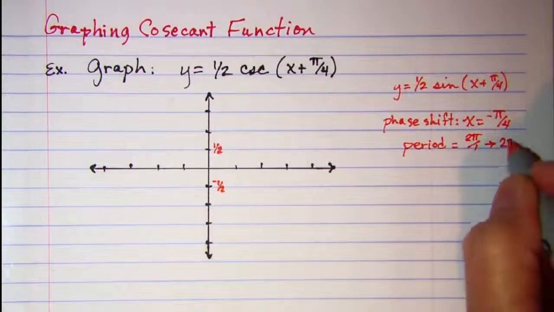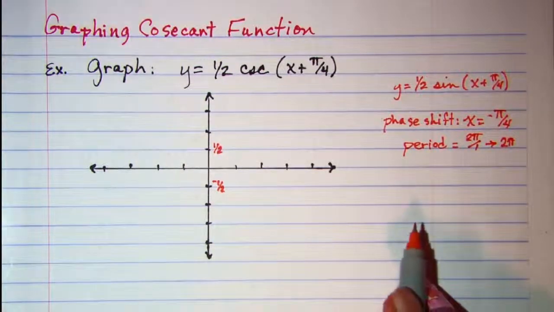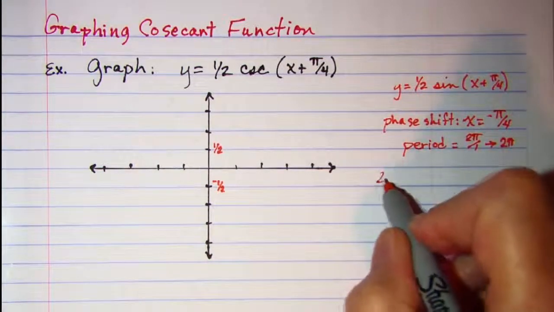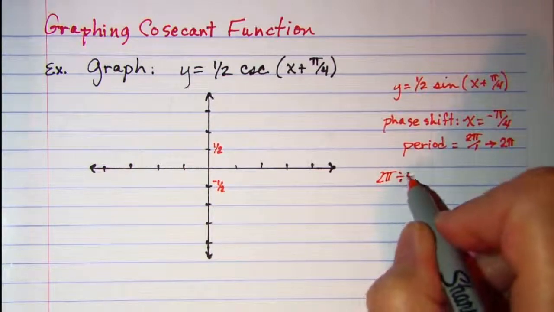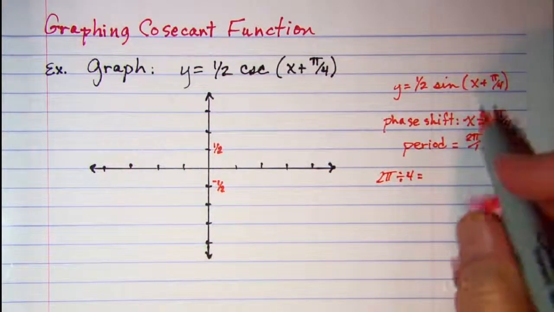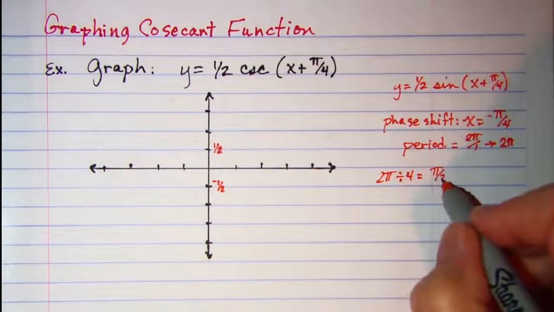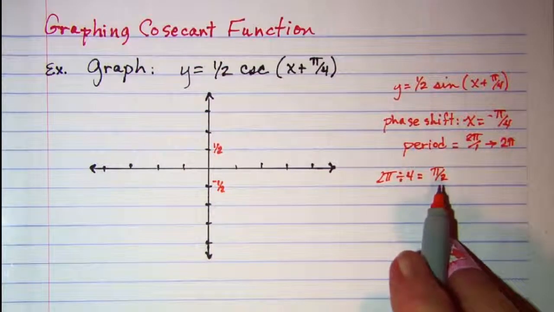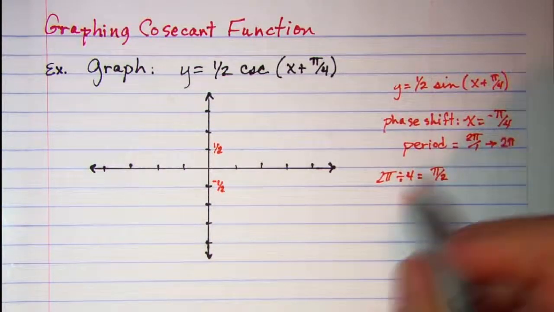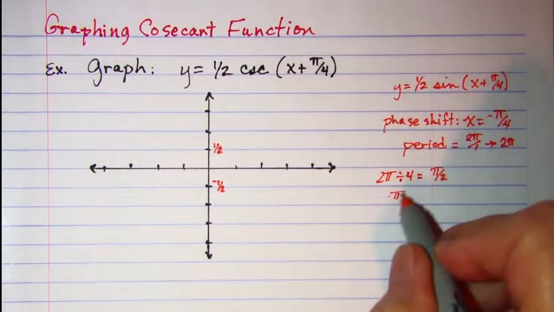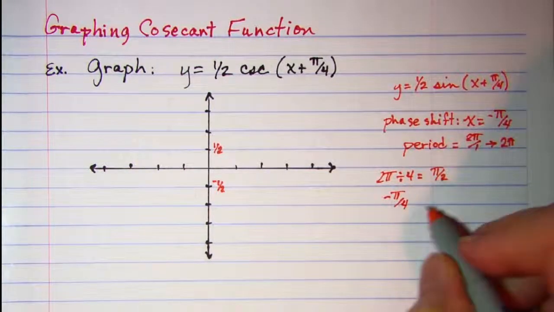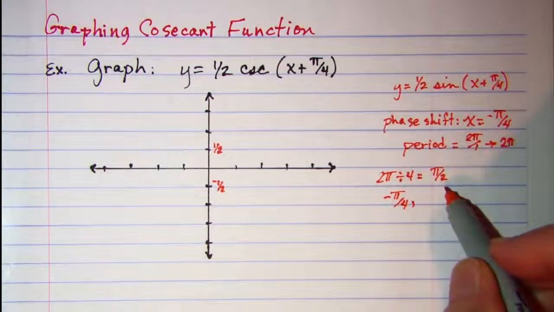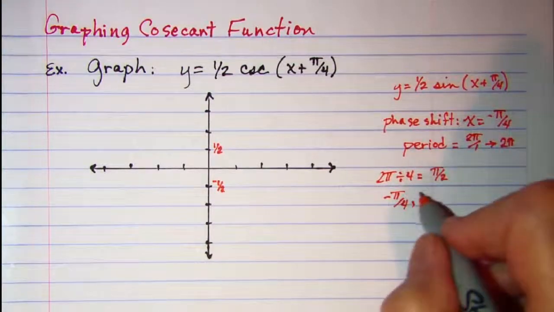So I'll divide that period into 4 parts to represent my quadrants. So 2 pi divided by 4 gives me pi over 2. So that'll be the width of each of my quadrants. And so I'm starting at negative pi over 4. When I add pi over 2, I have pi over 4.